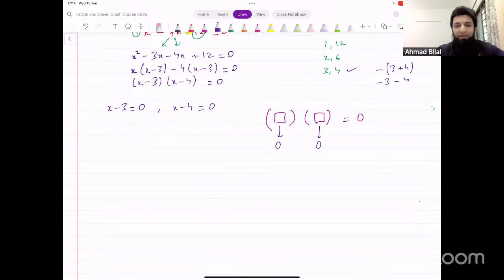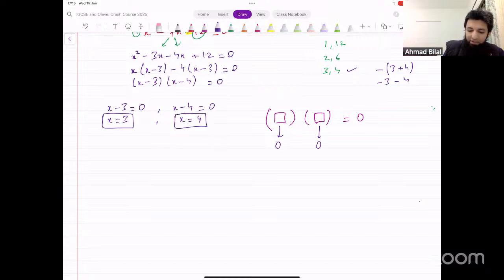That's the other case in which this equation could be satisfied. Now, the first one gives us x equal to 3, and the second one gives us x equals 4. These are the two solutions that we have got for this equation, either x equals 3 or x equals 4.